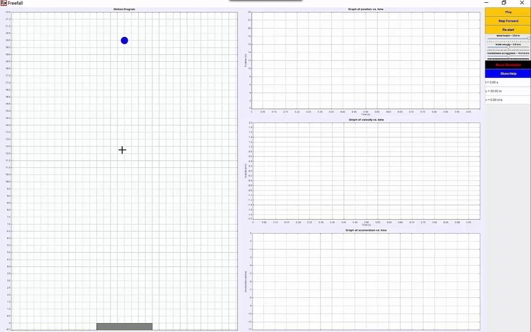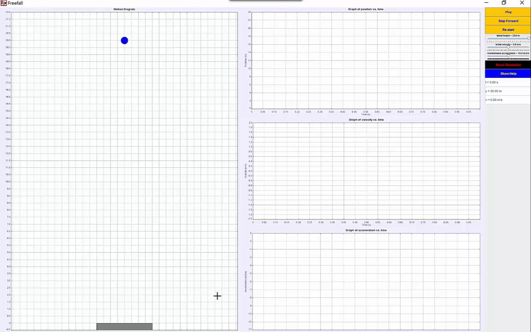As you can see, it is starting at the 20-meter mark, and it is going to fall at a position of 0. We can have it go to the left or go to the right, but we're not going to because there's no air resistance here, so there's no reason for it to change its path. It's just going to go straight down.